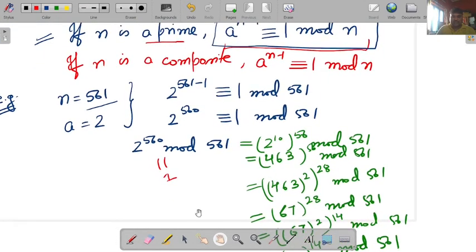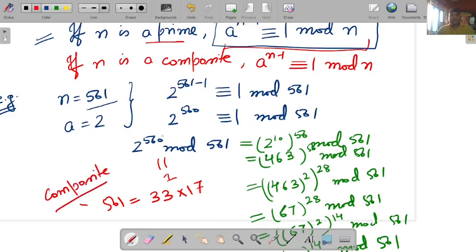But if you look, 561 factors into 3 times 11 times 17, so it is a composite number. But our result said it is prime. So the condition is that a prime will generate this result, but a composite may too. So it is a probabilistic approach. It might give you the correct answer, or it might not.